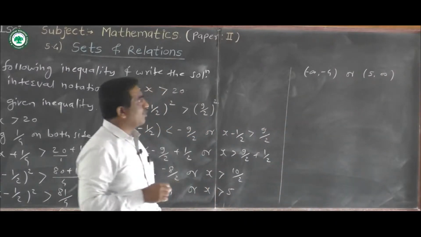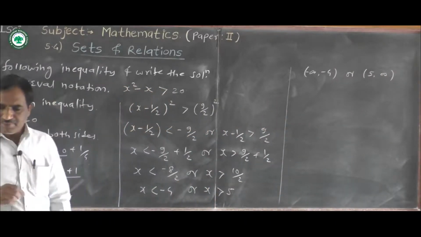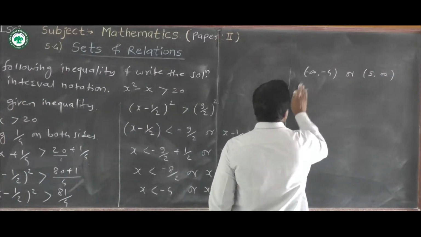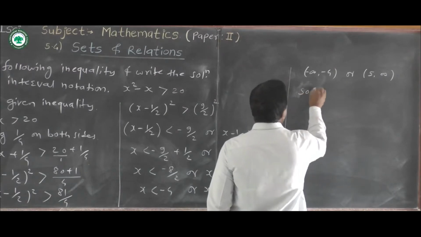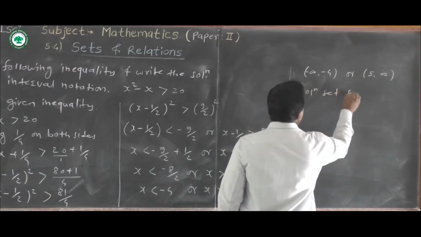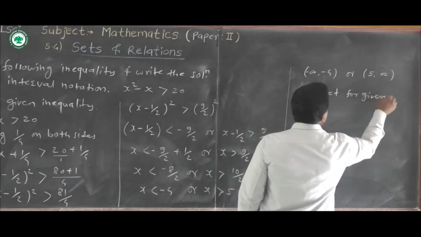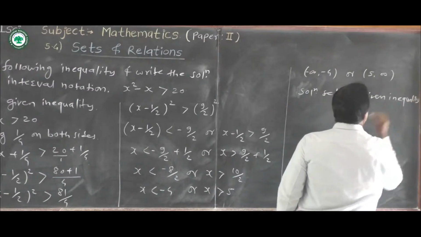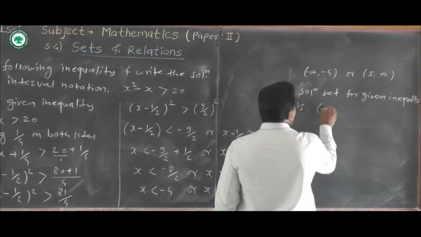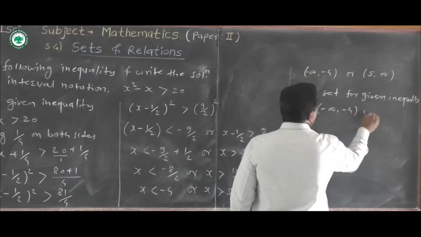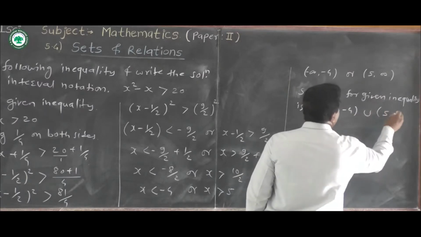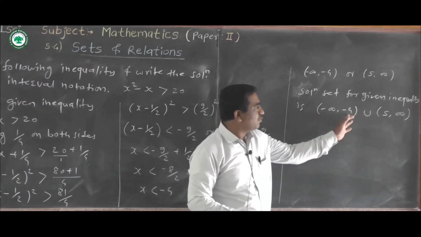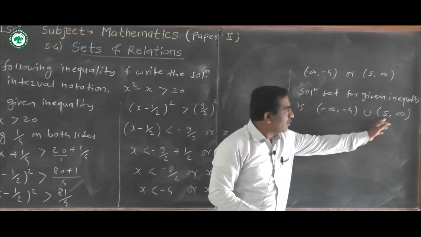The solution set for the given inequality can be written as minus infinity to minus 4 union the open interval 5 to infinity.